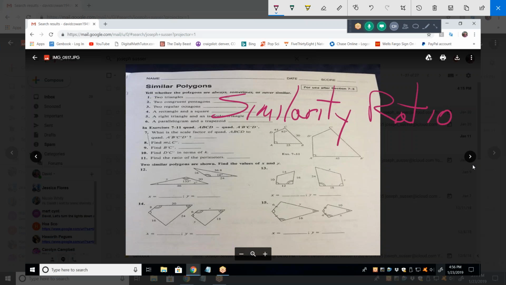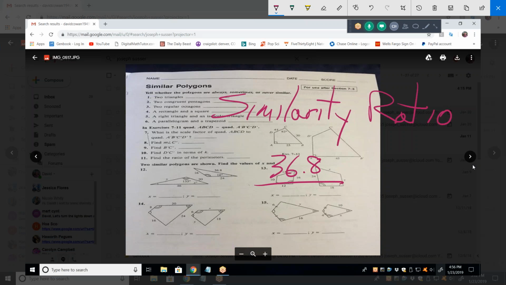So it would be 1.25. Hold on. Give me the ratio. Don't give me a decimal. You're going to go little to big. What's the ratio? The known ratio. 36.8 over 24.